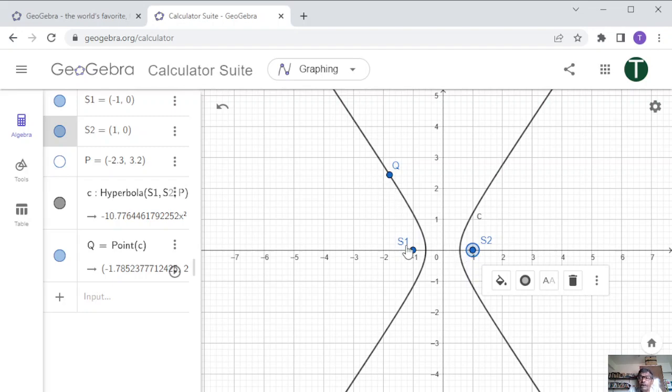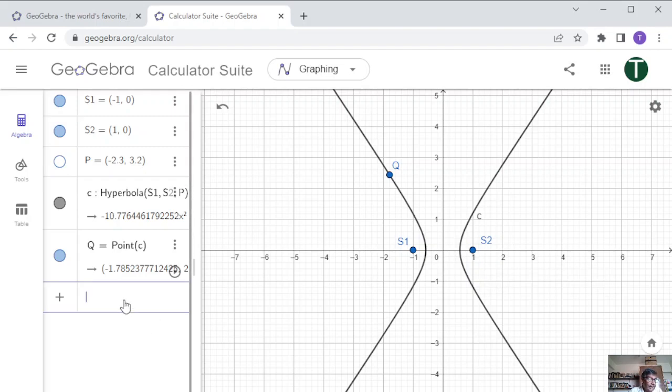Now these two lengths QS1 and QS2 are not equal, and hyperbola means that if you take the length of the segment QS1 and QS2 and take the difference of these two lengths, that should be independent of where Q is placed. So that is what I am going to do next.